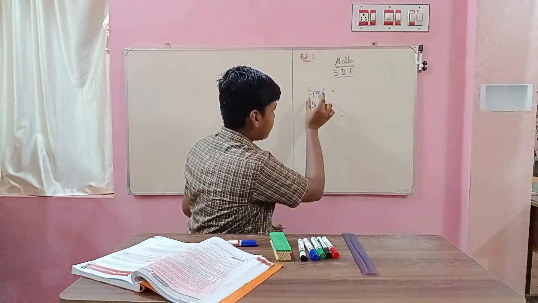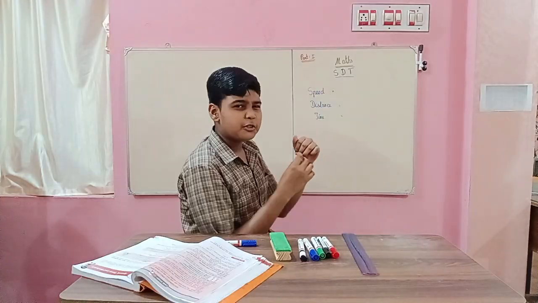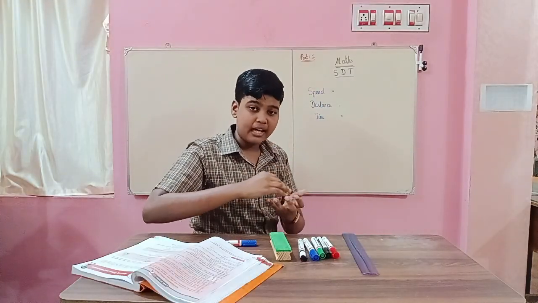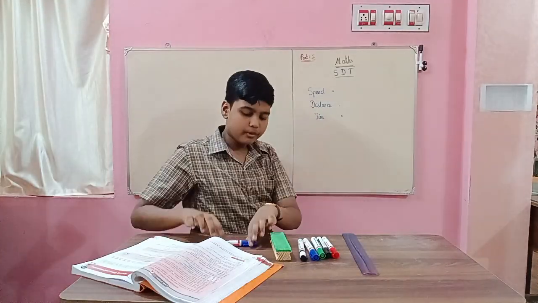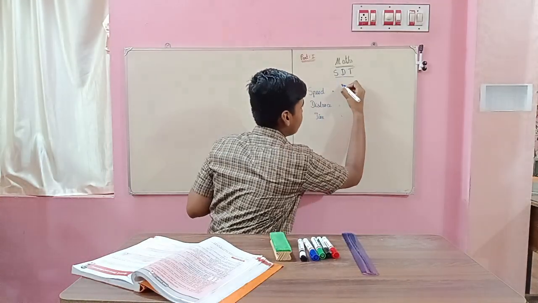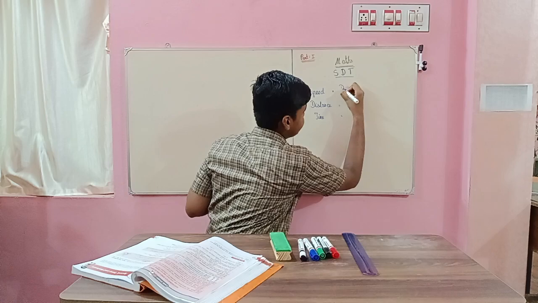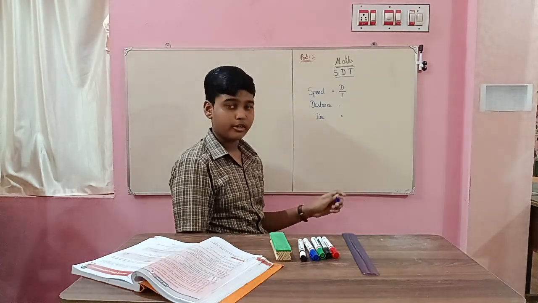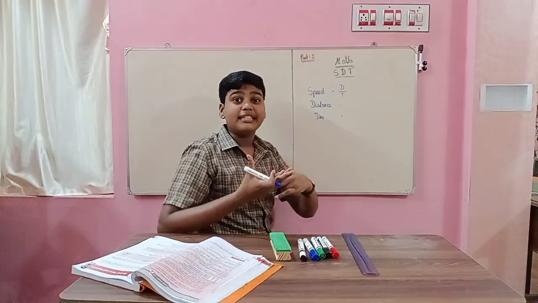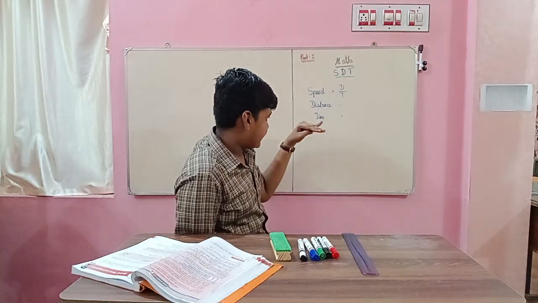That means speed, in short form in Max, is the ratio of the distance to the time. So in short form, it is D by T. Okay. So now next we are going to move to distance.